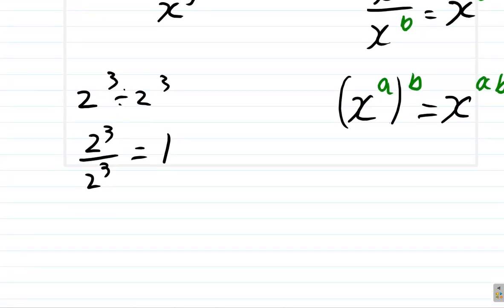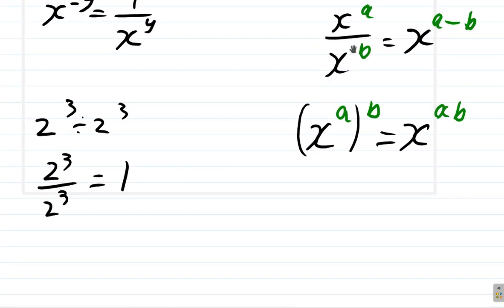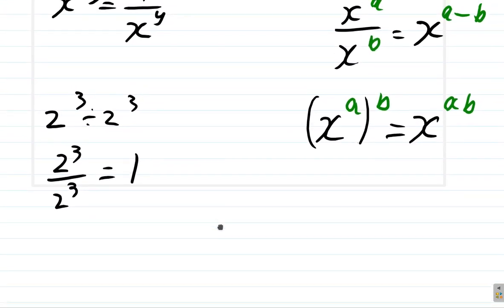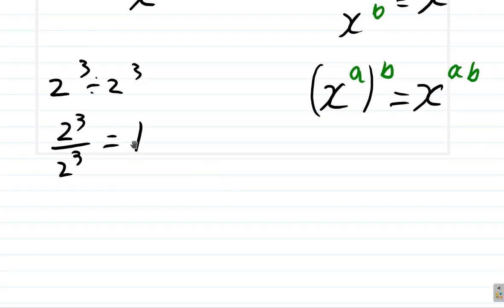But suppose we write it in this form, according to the second law of indices: x to the a over x to the b equals x to the a minus b. So 2 to the 3 over 2 to the 3 equals 2 to the 3 minus 3. 3 minus 3 is what? 0. So 2 to the 0 is equal to 1.